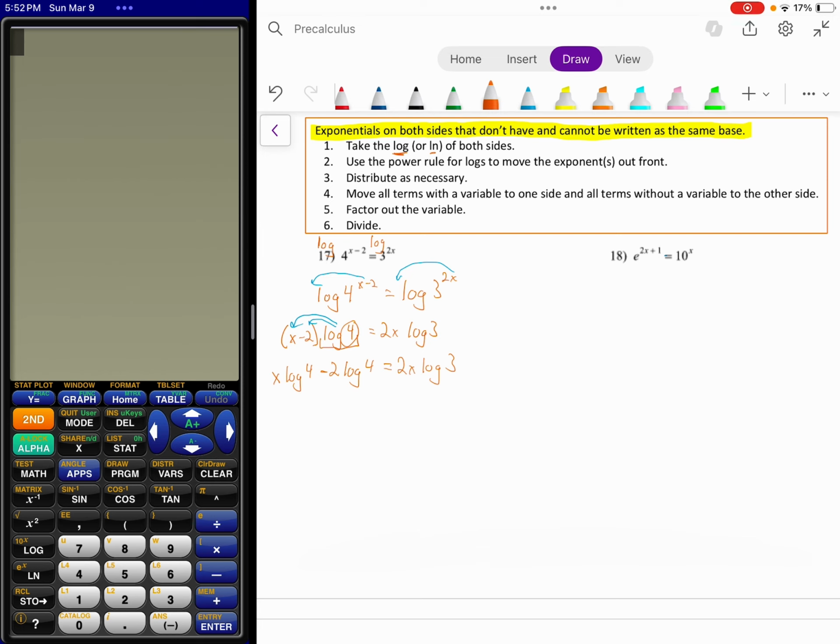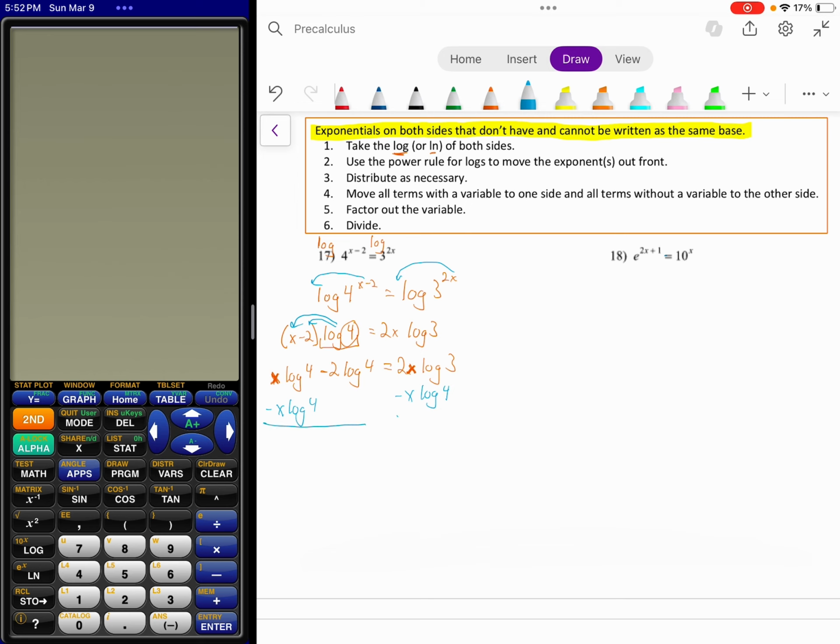So we distributed as necessary. Now move all terms with a variable to one side and all terms without a variable to the other side. We have an x here, and we have an x here. So it looks like it's going to be easiest just to subtract x times log of 4 from both sides.